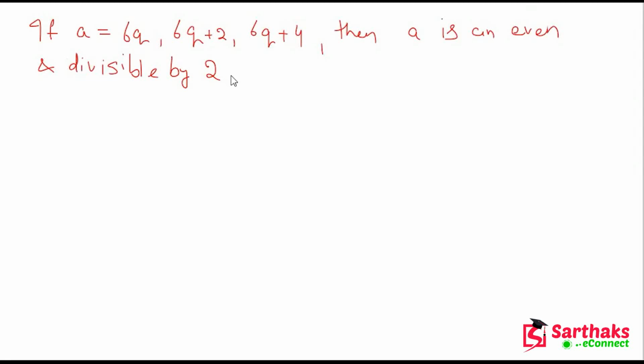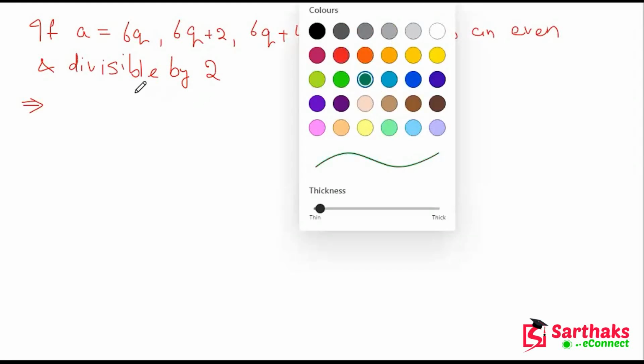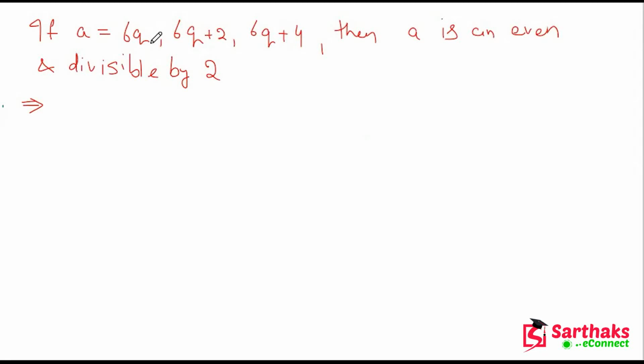Therefore any positive odd integer is of the form, listen to me very carefully, 6q plus 1, 6q plus 3, and finally 6q plus 5, where q is some integer.